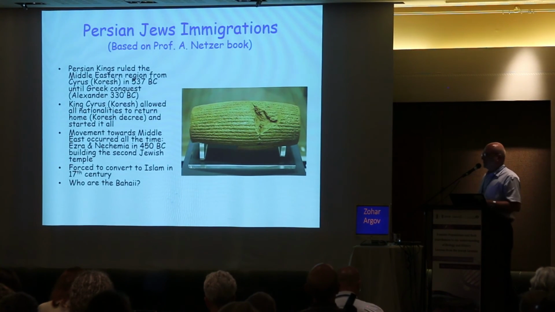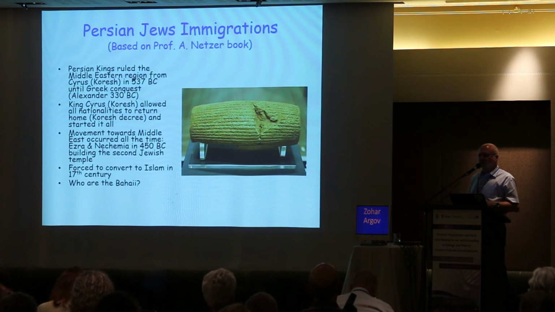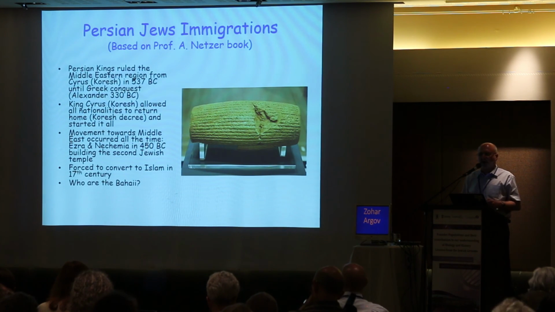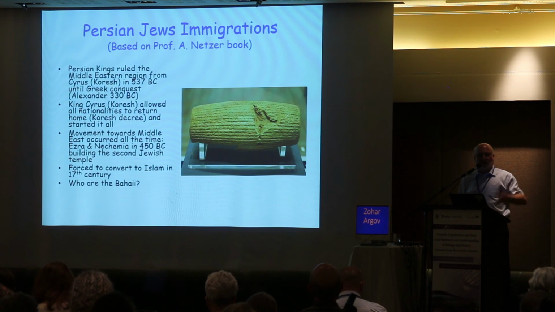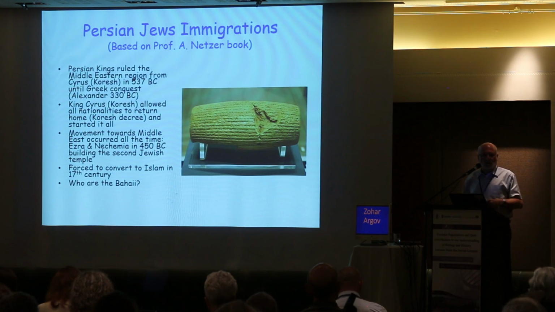It is who the Baha'is are. For those of you who don't know, this is one of the new religions generated in Persia, and persecuted. They left Persia, and the wonderful gardens that you see here in Haifa are the gardens of the Baha'i.